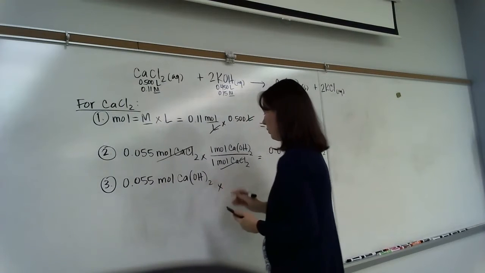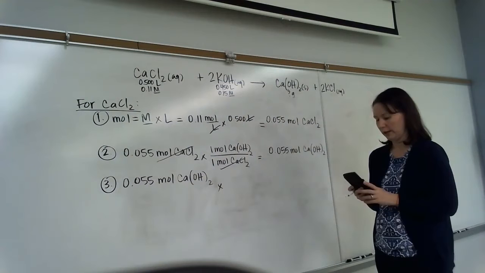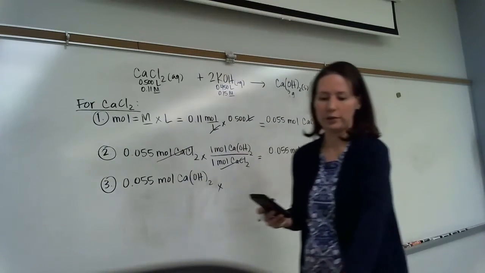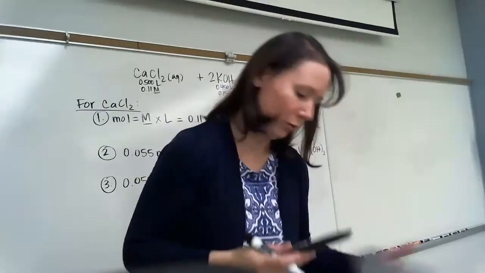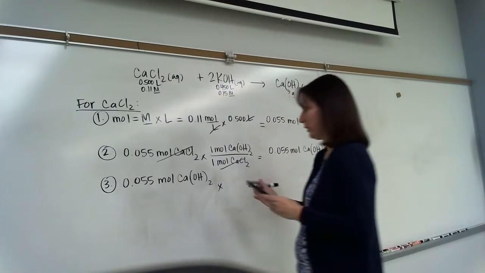Now we've got to calculate its molar mass. So 2 times 1.008 plus 2 times 16 plus, what's calcium? It's in the 20s. No, excuse me, it's in the 40s, 40.08. That gives 74.098.